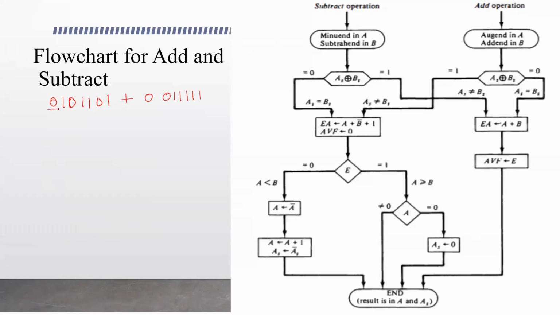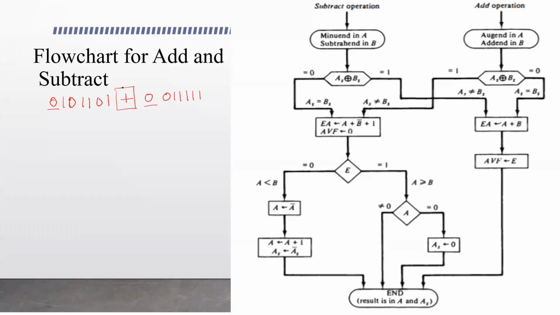Here 0 is a sign bit, and in the second number 0 is again a sign bit. So this indicates that both the numbers are positive. And what is the operation given here? It is addition. The operation here is to perform addition.